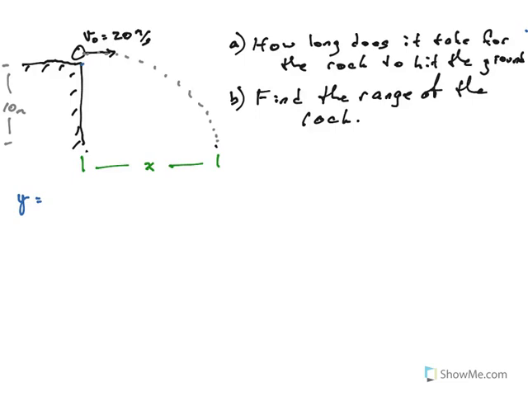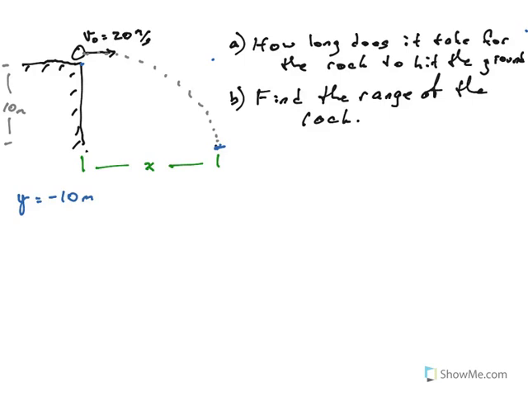Well, it starts at the top of the cliff, and by the time it hits the ground, vertically speaking, it's gone 10 meters downwards, just as before. The fact that the rock went horizontally as well makes no difference to the vertical motion. He started at the top of the cliff, he lands at the bottom of the cliff. It just so happens he's also further away. But vertically speaking, he drops 10 meters. So that's the same, minus 10.